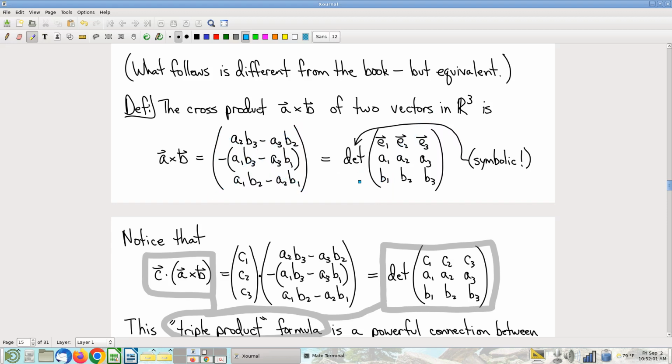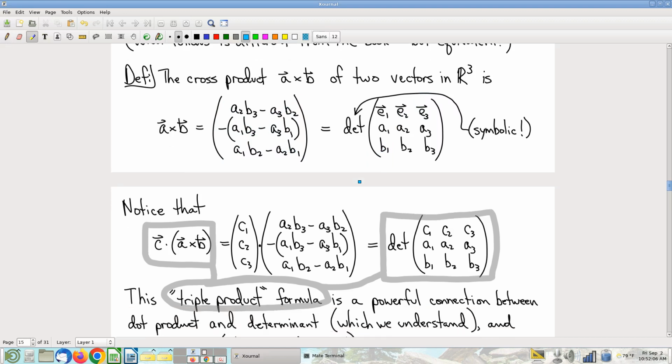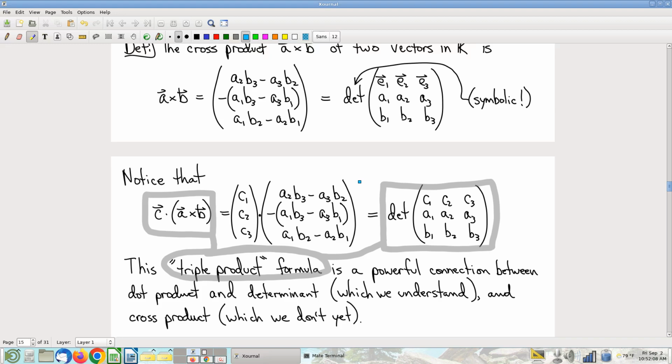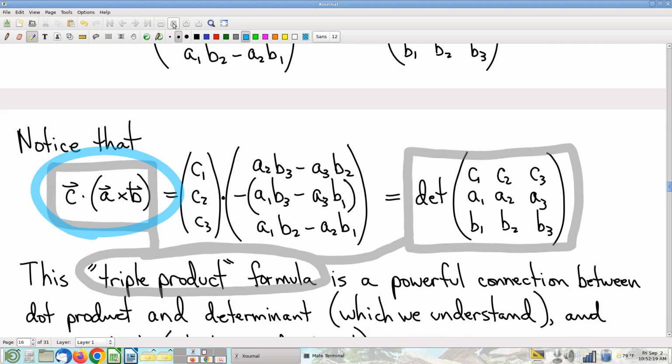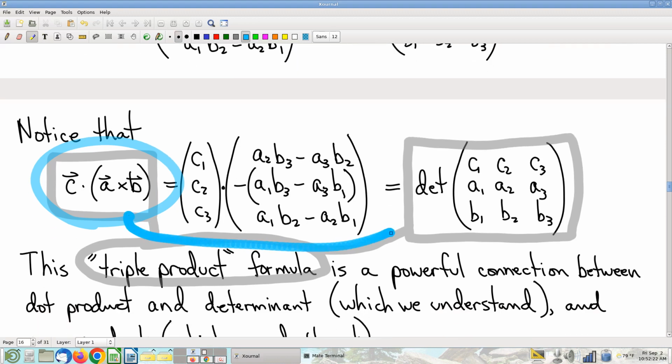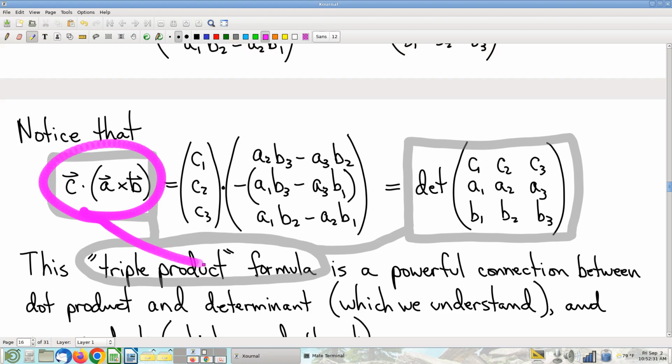Okay, and now here's where I'm going to start not proving things. If you were to compute a dot product with a cross product, and now you see that's what I have written here, what you'll notice is that it's equal to a determinant. And in particular, let me make a different color choice here. A dot product with a cross product is a determinant.